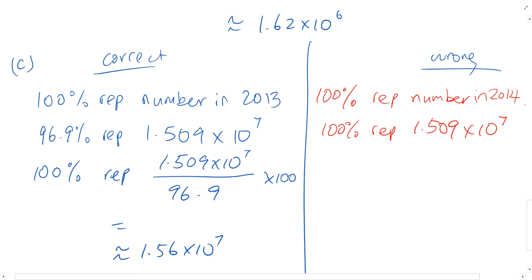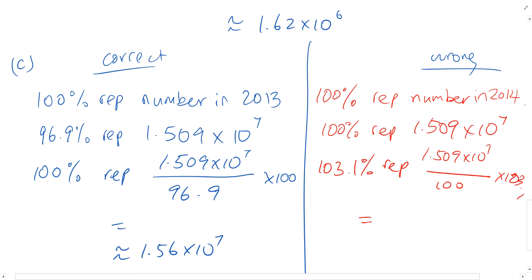Then we require 2013, right? Since 2013 to 2014 there's a decrease by 3.1%, then you would think that 2013 we've got 103.1%, right? Represents 1.509 times 10 to the power 7 divided by 100 times 103.1.